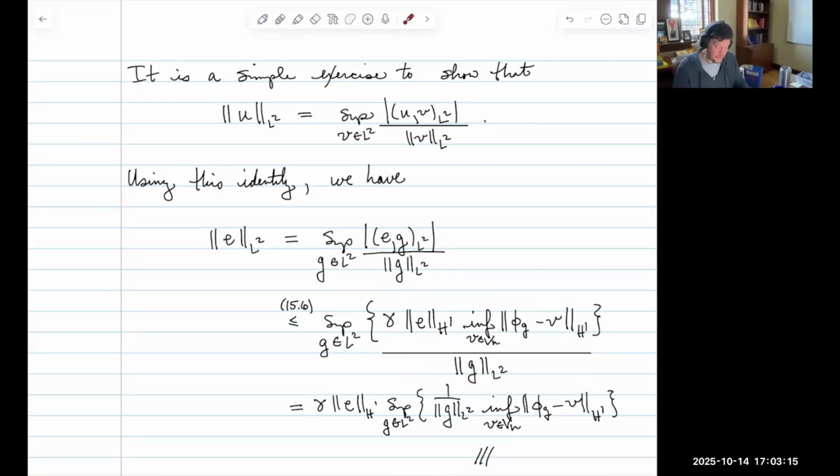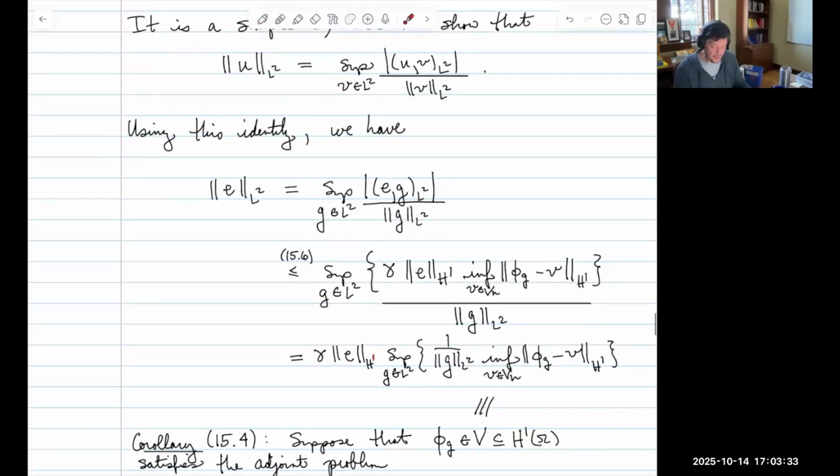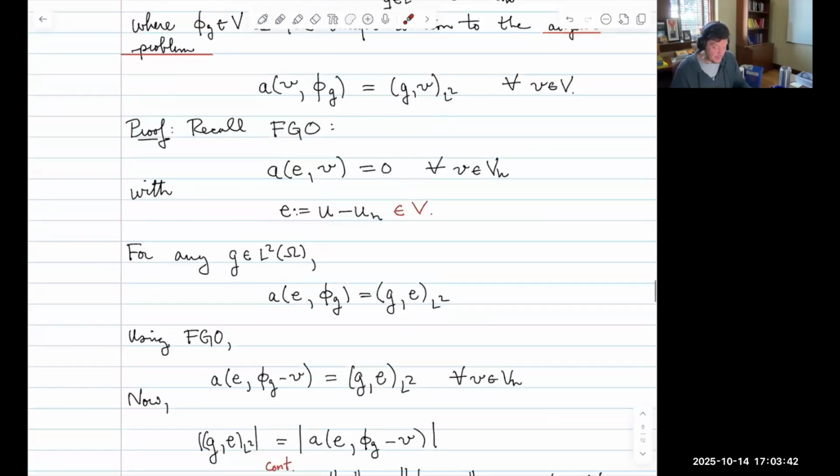But now if I just notice that this is a constant, constants come out of supremums, so I can bring those constants out. That looks like a typo, but it's just so that's H1 right there. Okay. Now all that's stuck in the infimum is all this stuff, but that's exactly what I said was in our estimate that we wanted to prove.